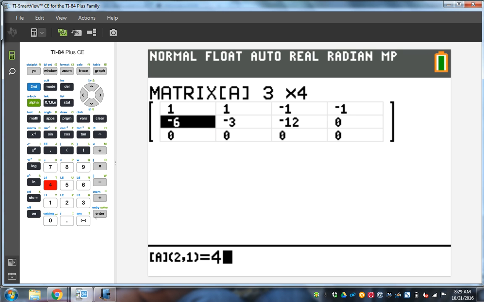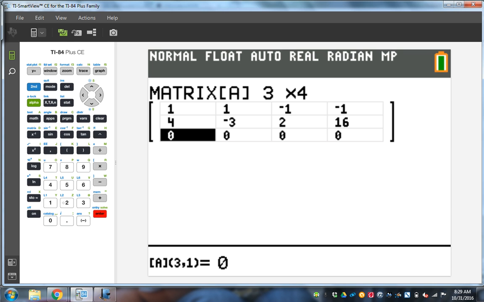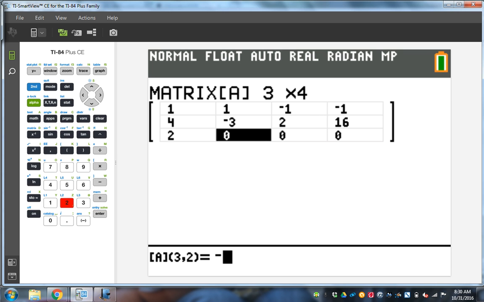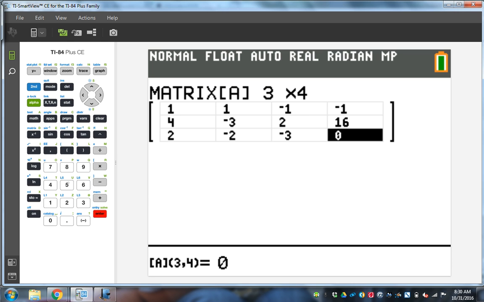Then we have 4, negative 3, 2, 16, and 2, negative 2, negative 3, positive 5. Go back and make sure. Okay, all right. So there's our matrix.